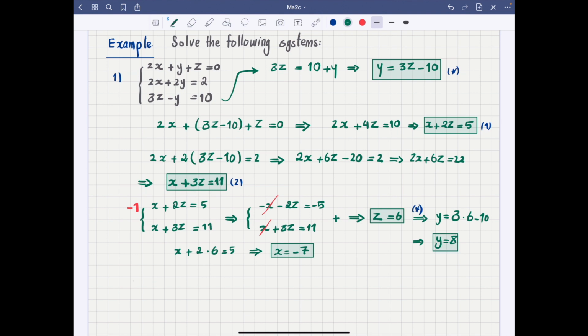So now if I want to write the answer, the answer is x equals minus 7, and, you know that this symbol means and, y equals 8, and z is equal to what? 6. What was 6, yes. So this is the answer to this problem.